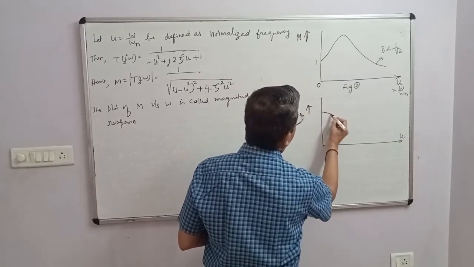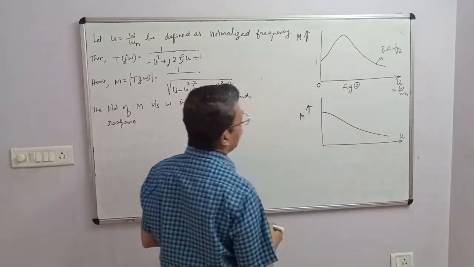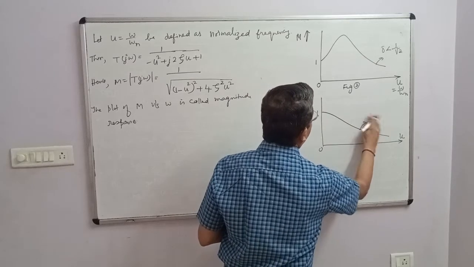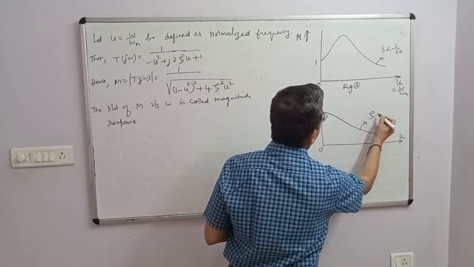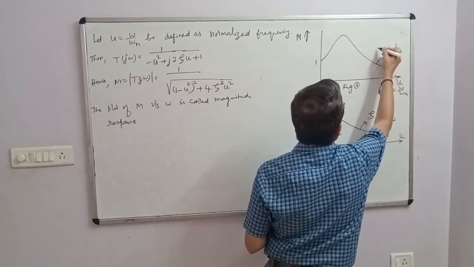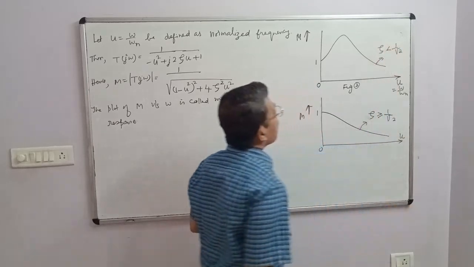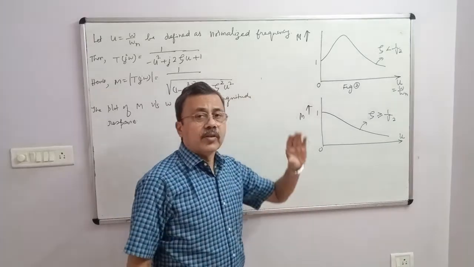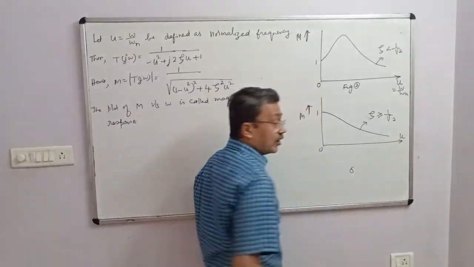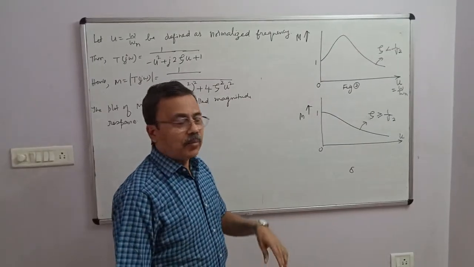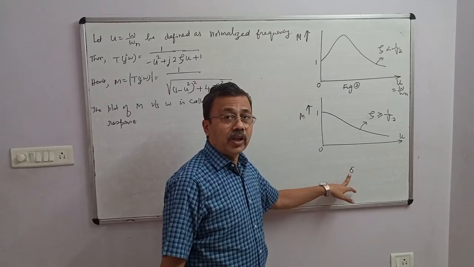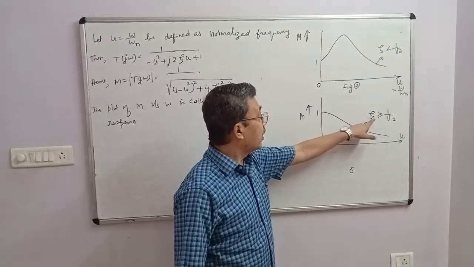This is the plot of m versus u when zeta is greater or equal to 1 by root 2. It is not delta, this is zeta. See, earlier when I was a student, damping ratio is denoted by delta. Therefore, I sometimes accidentally write delta for damping ratio, but in today's convention it should be zeta.